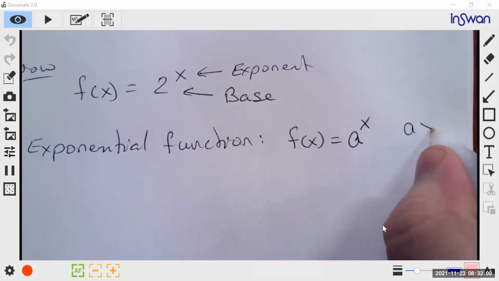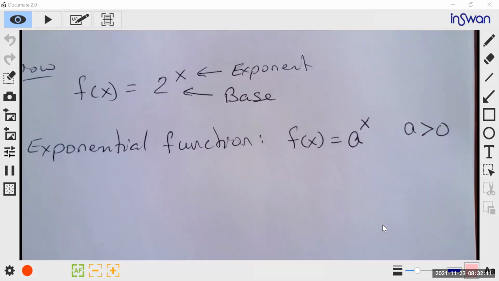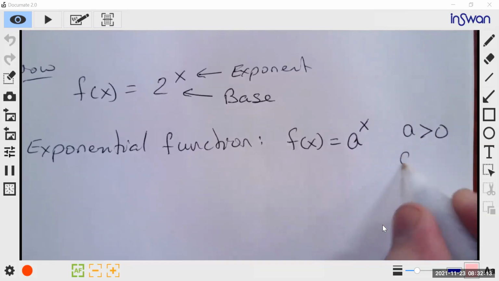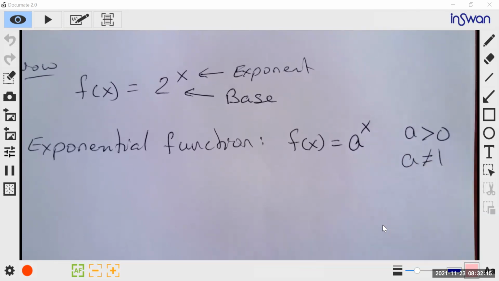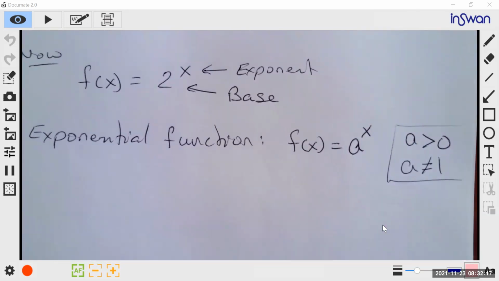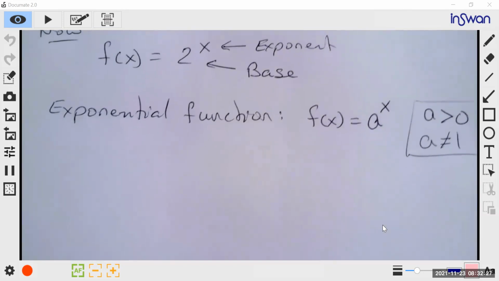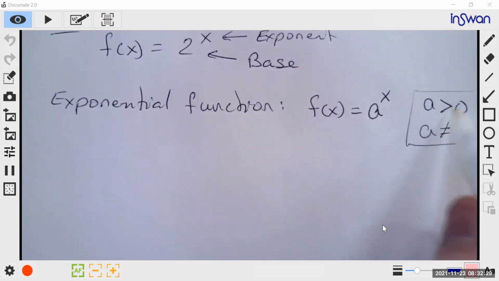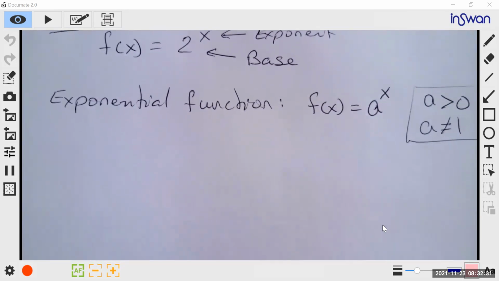A has to be positive, and a cannot equal 1. Those are the conditions. So since a has to be positive and it cannot equal 1, we have 2 distinct sets of numbers we can use.